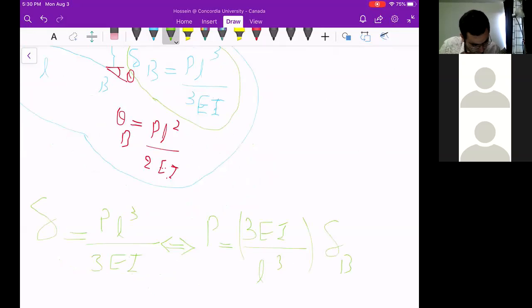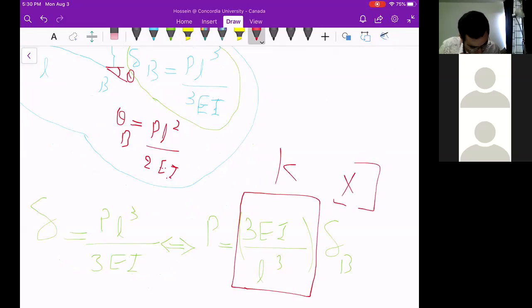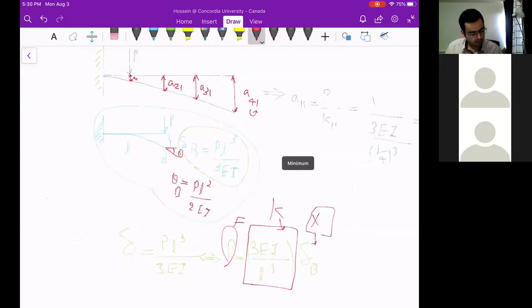So this is called a stiffness: stiffness, deflection, and force. F is Kx. So I just apply this formula to this problem.